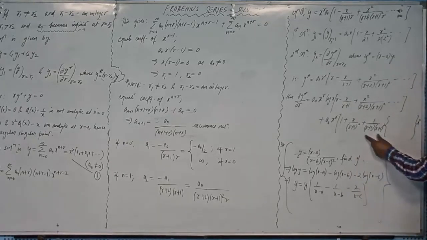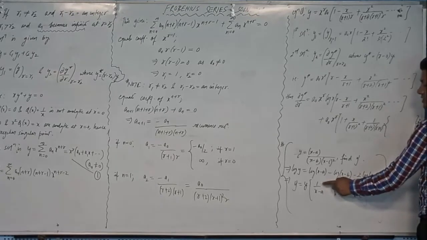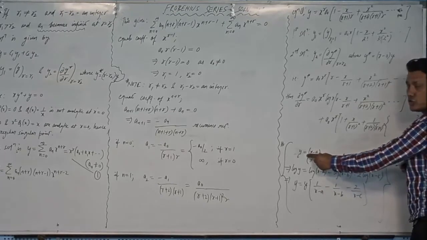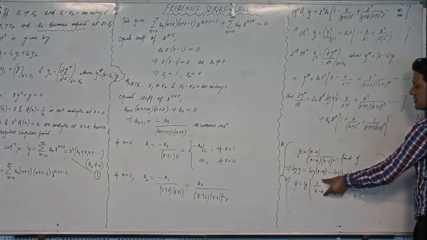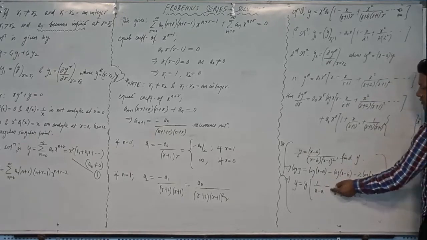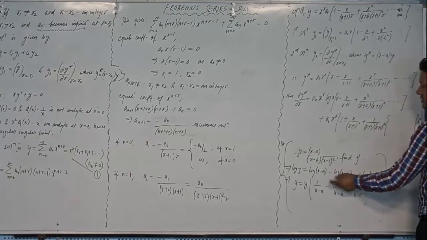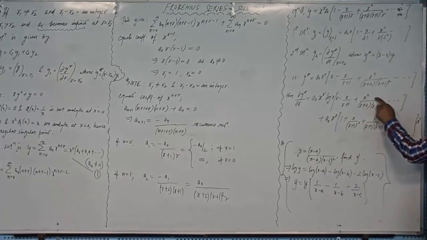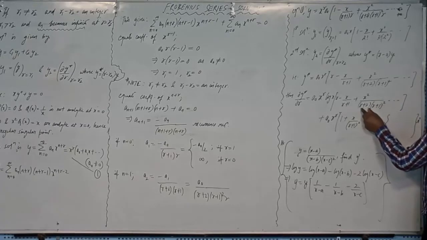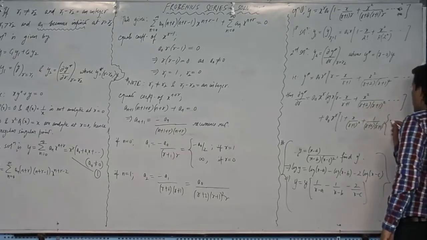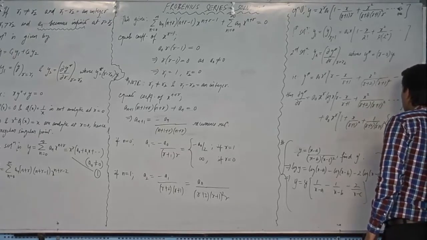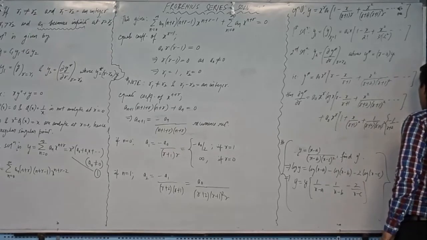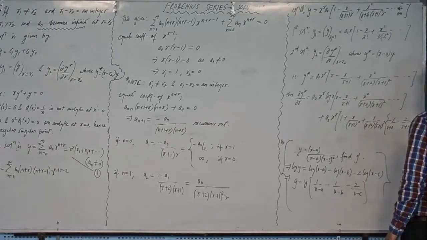So this whole function is here, and then 1 over x minus a. You can see that this x minus a was present in the numerator, that's why 1 over x minus a, and a negative sign before those factors which were in the denominator. We don't have any factor in the numerator, so there will be no term. Only two factors are present in the denominator, so I will start with the minus sign, minus 1 over r plus 2 and minus 2 over r plus 1, that's it.